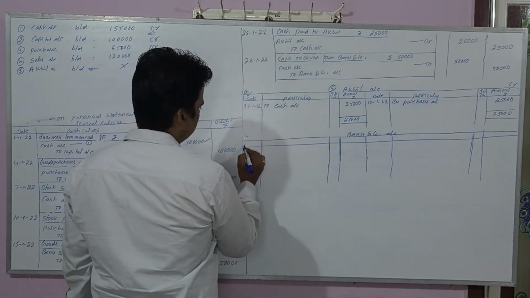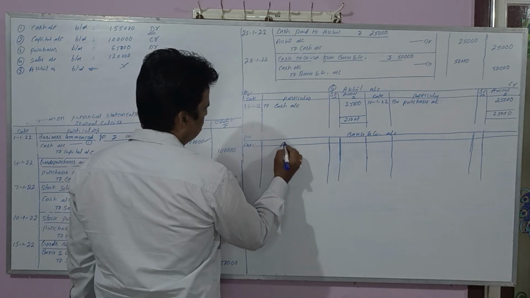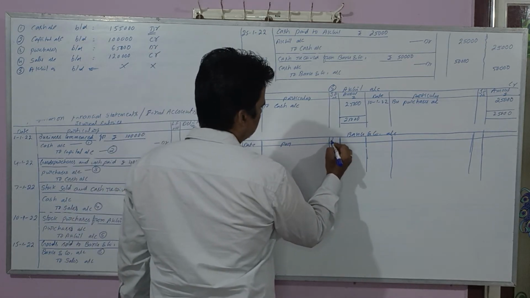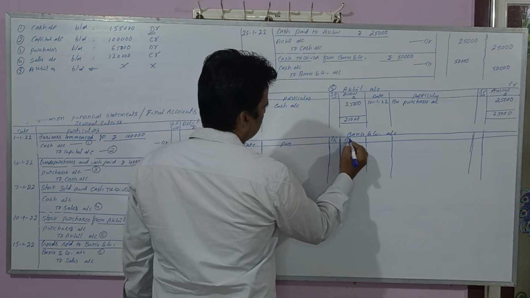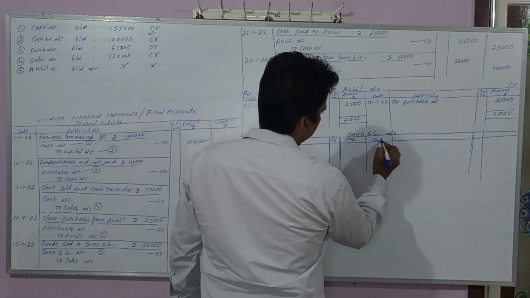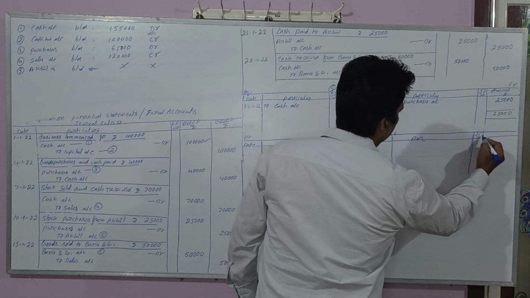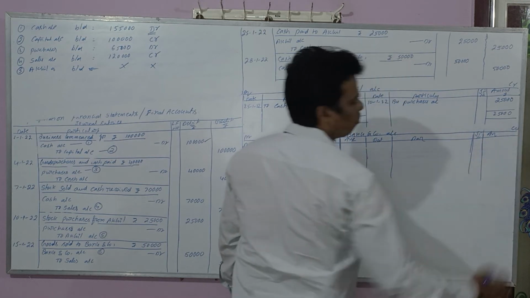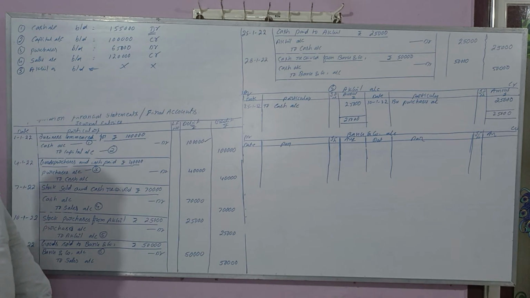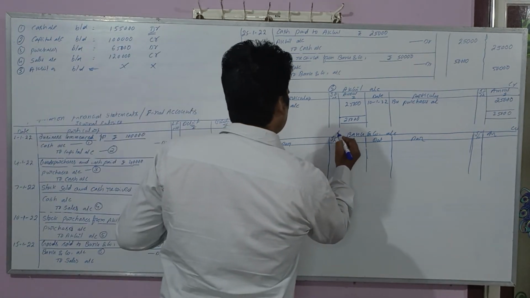Then headings are same: date, particulars, JF number, amount rupees, date, particulars, JF number, amount rupees, same. Then the Bonu account is the sixth one.